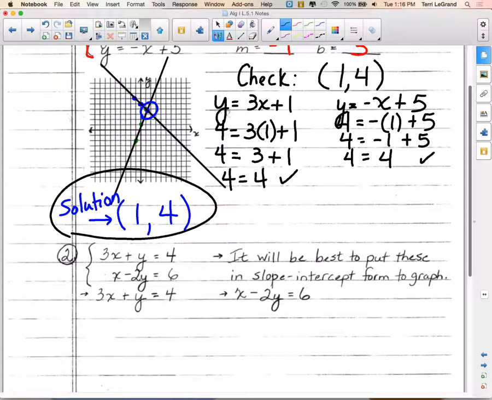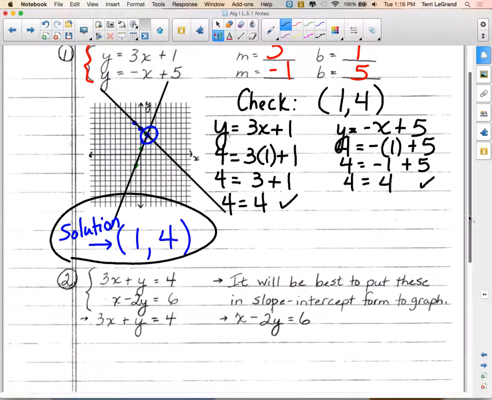Okay, let's go to the graphing calculator and check it out. See how we did. These are already in slope-intercept form, so we can steal them as they are. Go to y equals, clean out the ones that you had in there. Type in the 3x plus 1, the negative x plus 5, negative sign, not subtraction sign. Press graph. Does it look like yours, mine, all of ours?